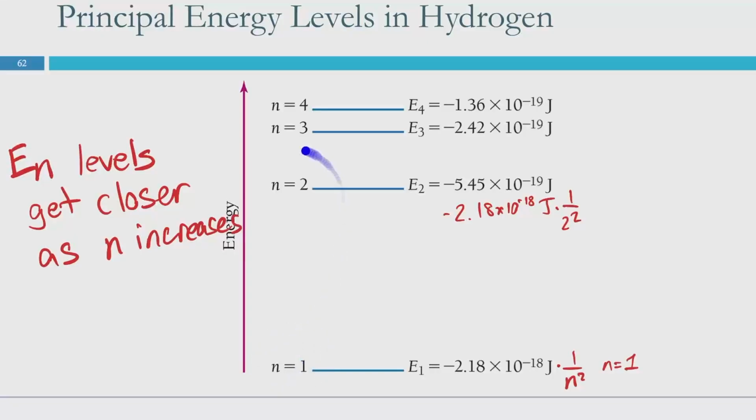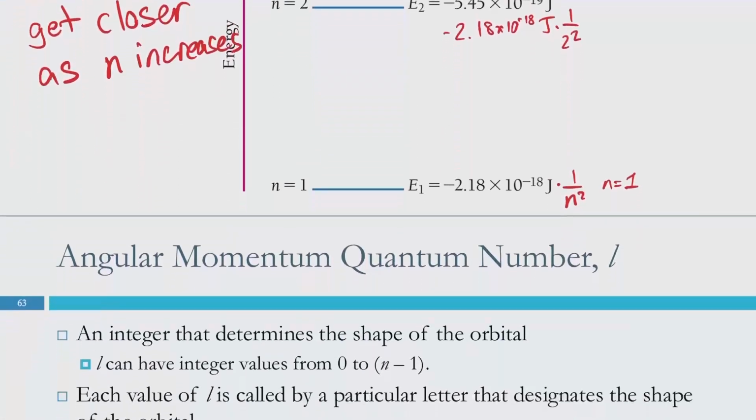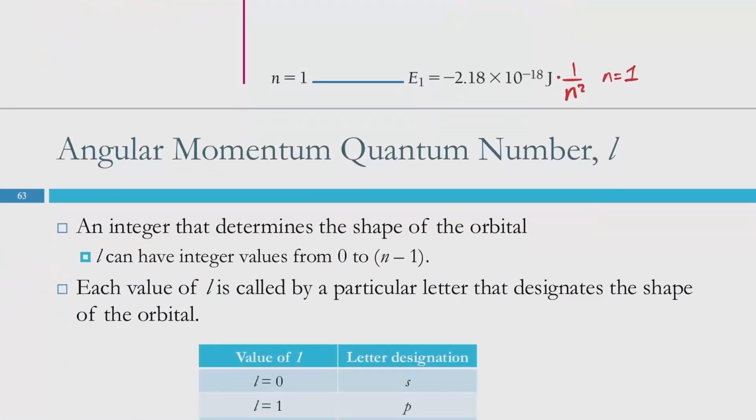So n equals 1 to n equals 2, big jump. n equals 2 to n equals 3, smaller jump. n equals 3 to n equals 4, even smaller jump. So the spacing of these energy levels gets smaller and smaller the higher that number gets. So that's our principal quantum number.